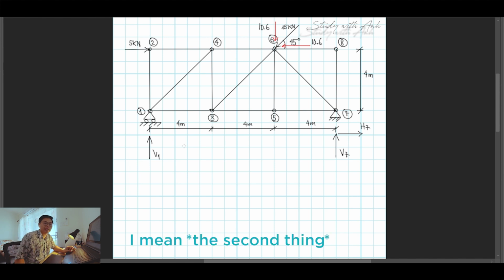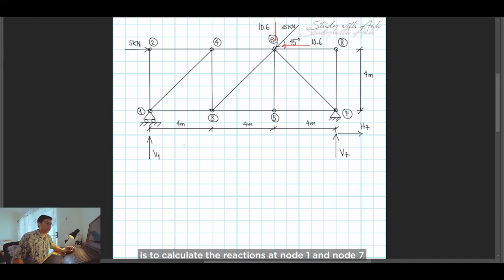Now the first thing we need to do is to calculate the vertical reaction at node 1 and node 7. To calculate the vertical reaction at node 7, we can take the moment at point 1 equals 0. So sigma M1 equals 0, right? What we have here is 5 kilonewton. The 5 kilonewton makes the member rotate clockwise, so it's positive 5 multiplied by the lever arm, 4 meter.